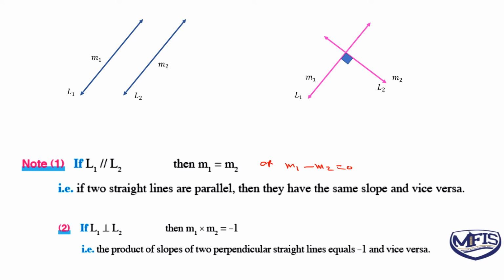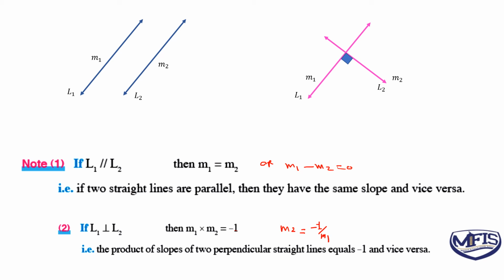The product of the slopes of perpendicular lines equals -1, and vice versa. If you want to find m2 and we have m1, then m2 equals -1 divided by m1.